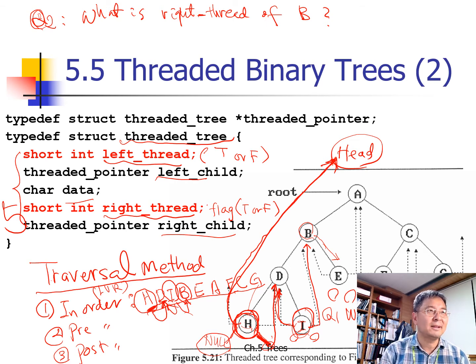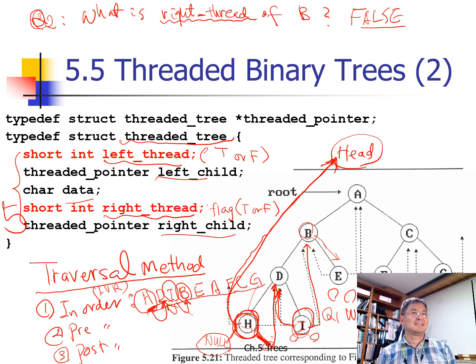In order to do that, what value must we assign to the right thread? It is false, because this link field is not a thread. The right thread is false. It links pointing to the right subtree, so this value should be false.